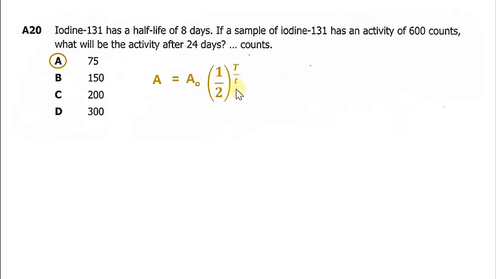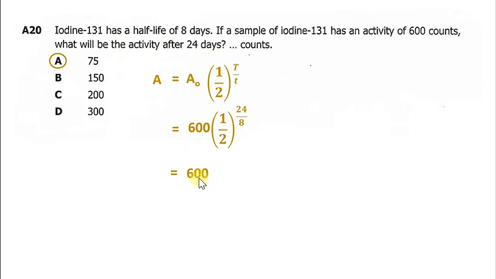Capital T is total time, small letter t is half-life. So A equals 600 times open brackets 1 over 2 to the power, capital T is 24, total time, over small t, the half-life, which is 8.